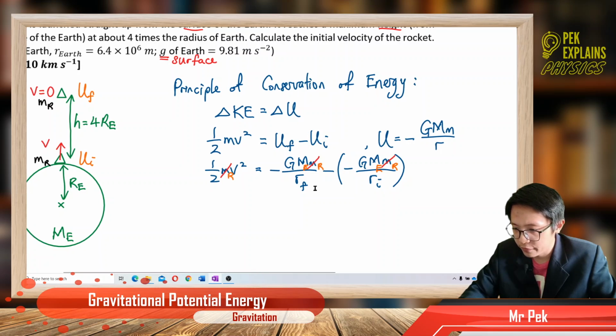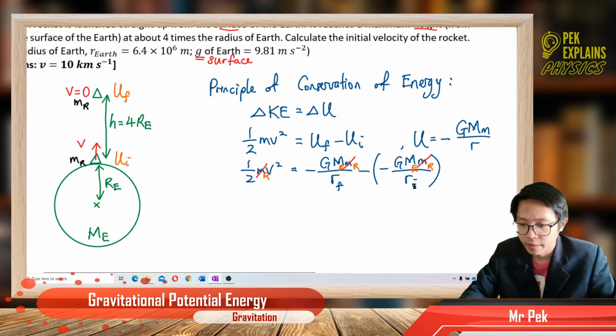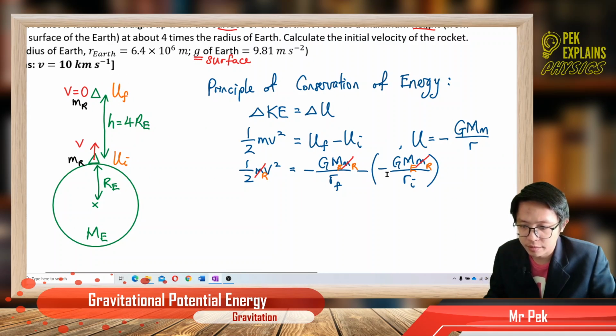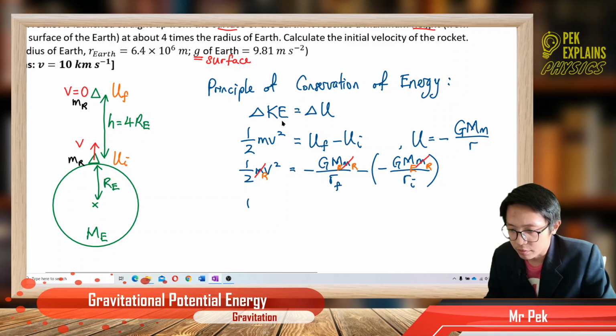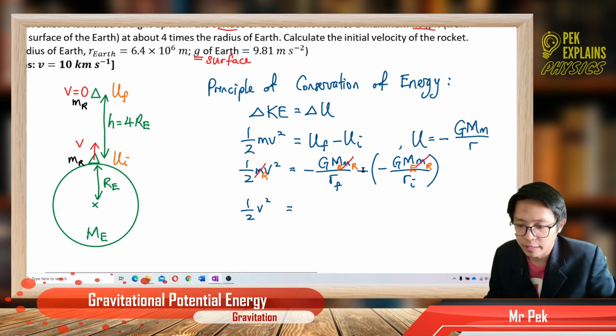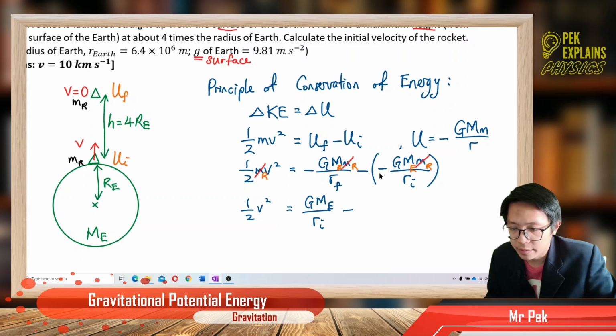Before that, I need to identify what R final and R initial are. I need to rearrange this first, because negative negative becomes positive. So let us rearrange everything. I put in front GM_E over R initial, minus GM_E over R final.